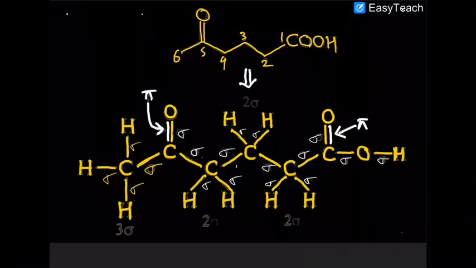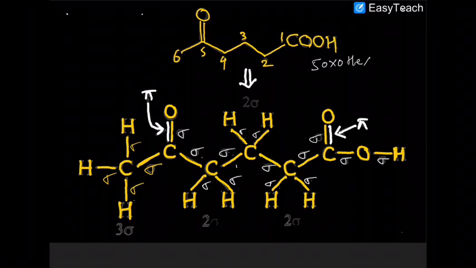Now if you look at the next compound, it is called 5-oxo hexanoic acid. In this compound, if you calculate how many sigma bonds there are, I have drawn the sigma bonds in yellow and the pi bonds in white.